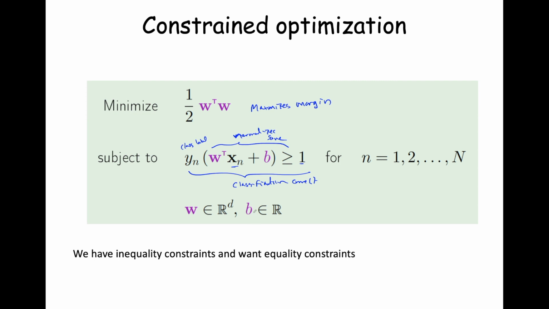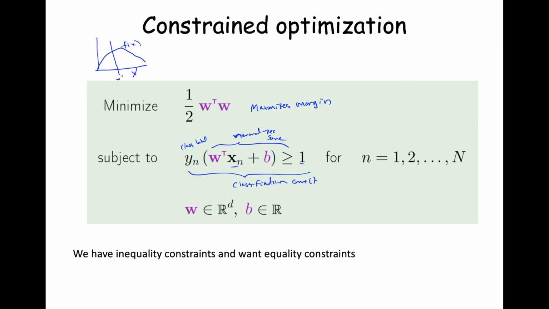Okay. So now we have inequality constraints, and we want to make our lives easier with this optimization, and we're going to use a technique to turn these inequality constraints into equality constraints. And the reason why we want to do that is because when we have inequality constraints, when we say, for example, maximize a function, here's some function f of x, here's my x, and here's some constraint, let's say that's going to be a value x prime.